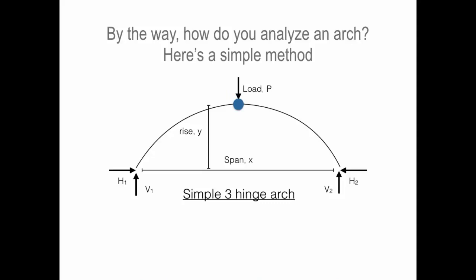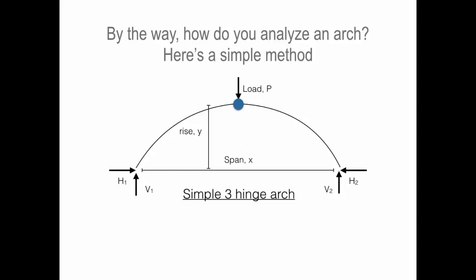And as long as I have H1 and V1 in the bottom left corner and bottom right corner, those are really going to be the vertical and horizontal reactions I need to resist that load on the arch, right? No matter how heavy the load is, I can resist it without any reinforcement in there, just by a compression arch, as long as I can achieve that H1 and V1, right?